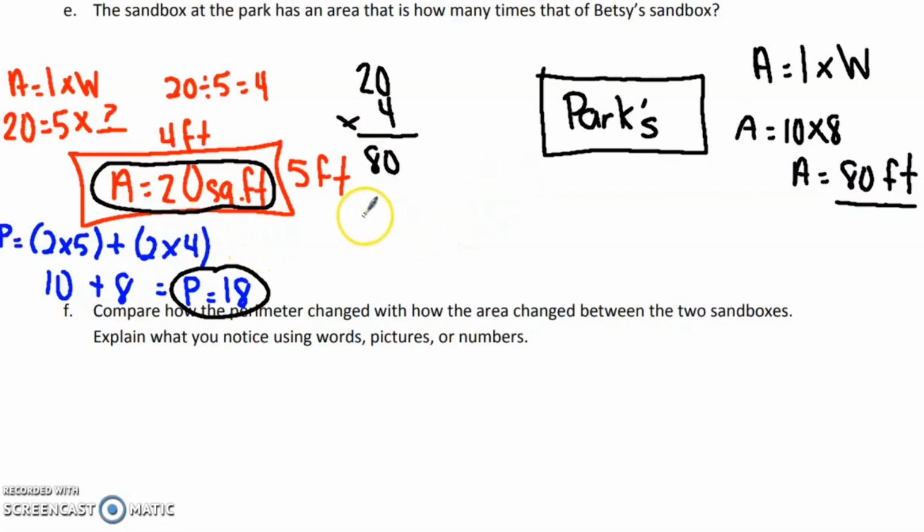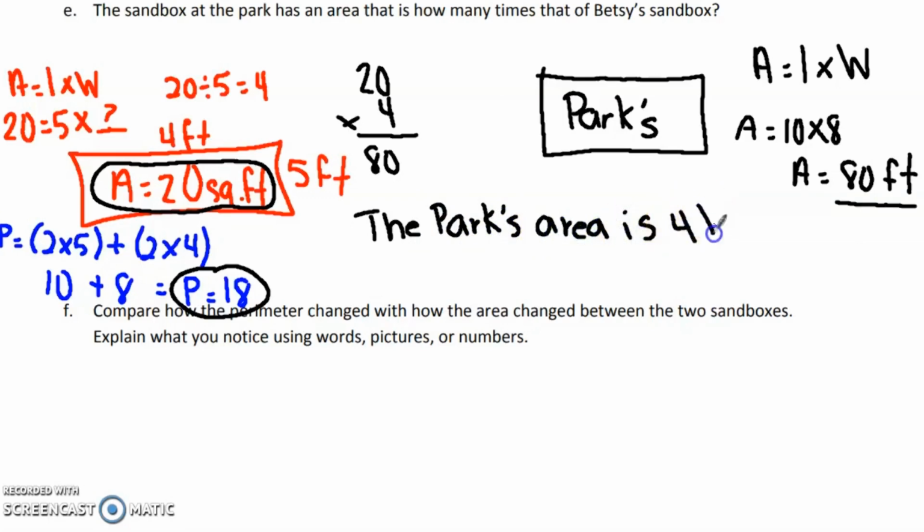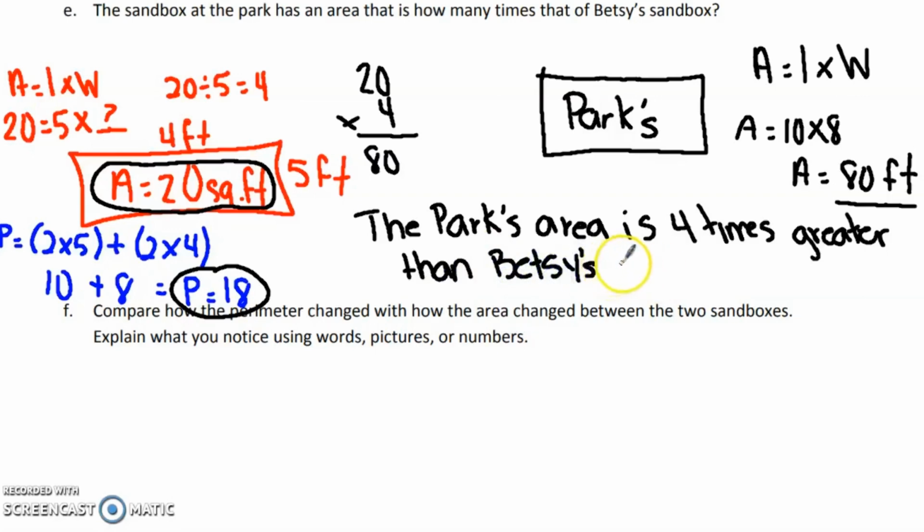So the way that we word that is, we're going to write that the park's area is 4 times greater than Betsy's sandbox area, Betsy's area.